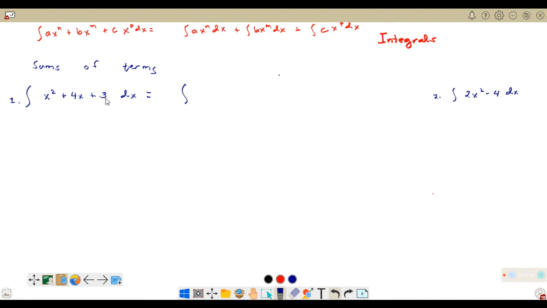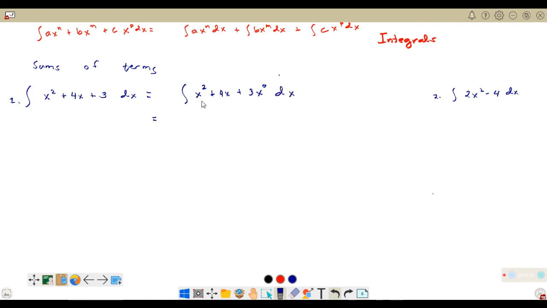If you will take notice here, we have the constant 3. Pero, wala siyang x. May x ba yan? May x yan. Hindi lang halata. We have x squared plus 4x plus 3x to the 0. Ba't nawala si x niya? Kasi ang power 0. Walang power si x ni 3 dx.